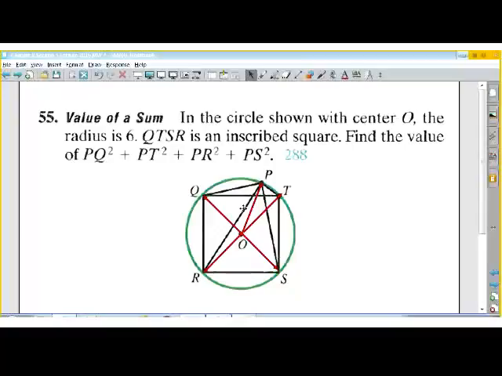So I've got to find some right triangles that somehow, so this side and that side, they don't look like they're right angles.